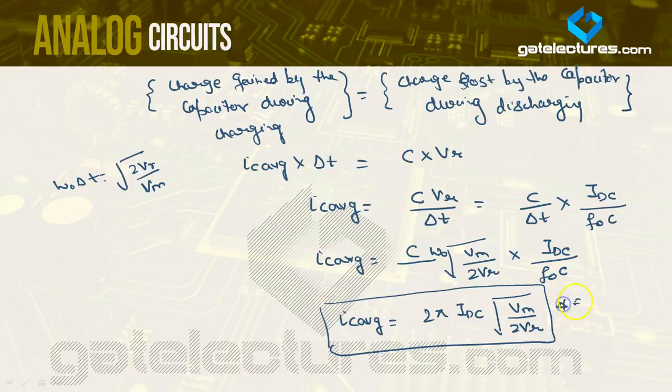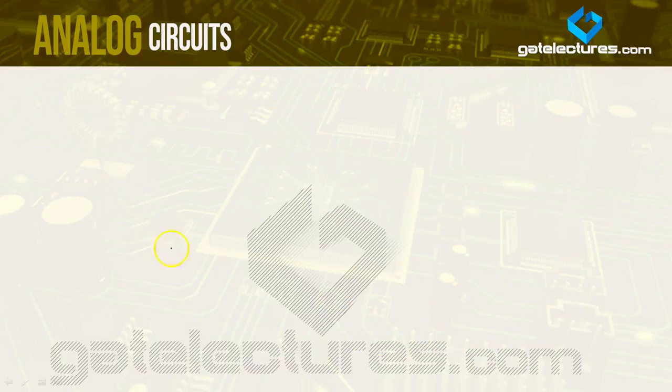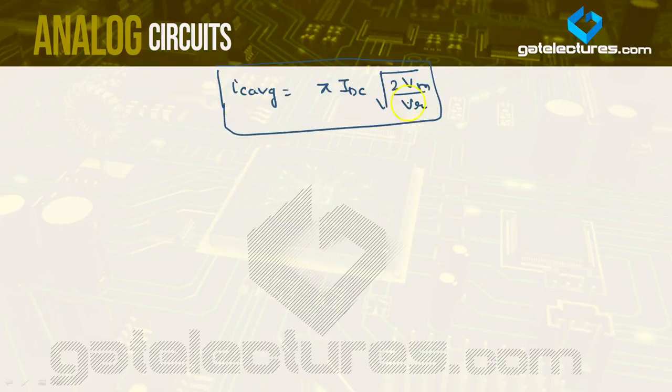Okay, if you take 2 inside, it will be 2 Vm by VR. So IC average is equal to pi IDC square root of 2 Vm by VR. This is your IC average.